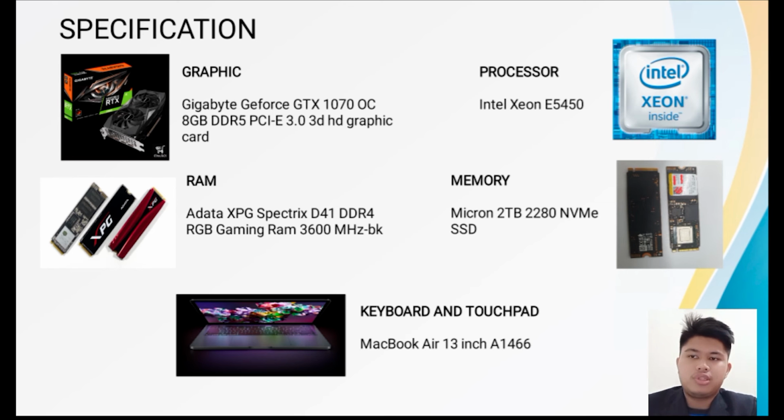For the storage, I will choose the Micron 2 TB. Why? Because it has bigger storage and it has a faster speed than other SSDs, and the price is also cheaper than other SSDs with a better quality of product.